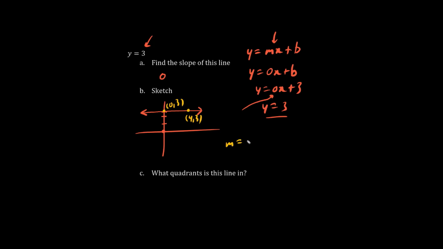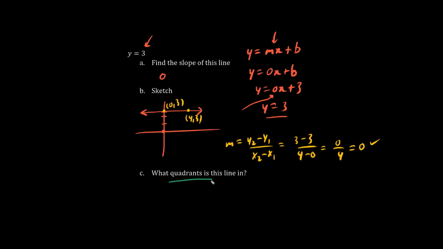Slope equals y2 minus y1 over x2 minus x1. y2 minus y1 is 3 minus 3 divided by x2 minus x1 is 4 minus 0. So we get 0 divided by 4. 0 divided by anything is 0. So the slope indeed is 0.